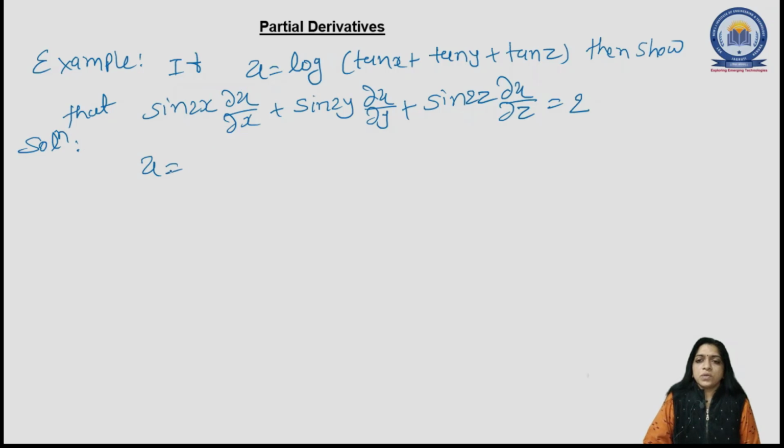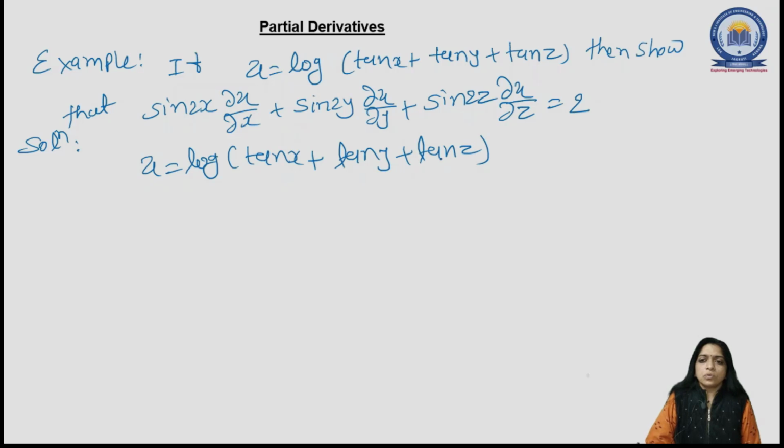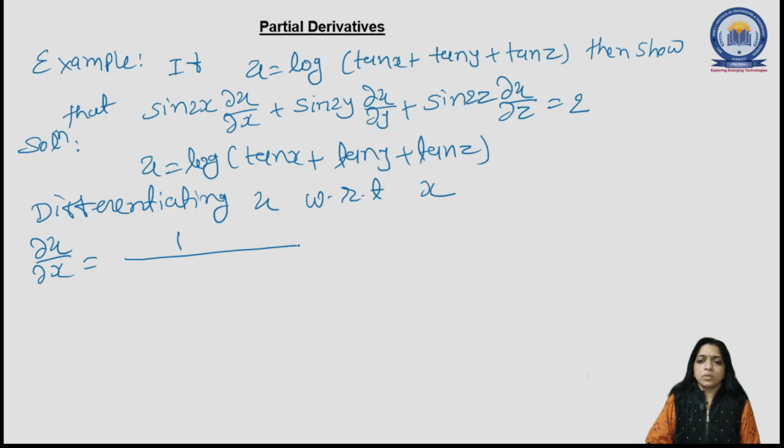Here our given function u is log (tan x plus tan y plus tan z). So let's start the differentiation of u with respect to x first. So I have del u by del x, that is 1 upon (tan x plus tan y plus tan z), and after applying the chain rule I have the derivative of tan x, that is sec square x.